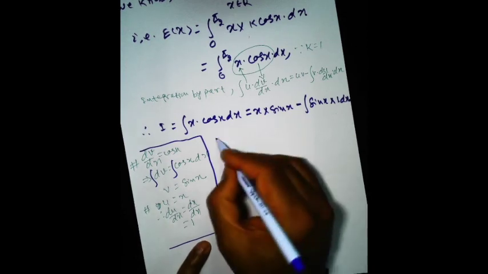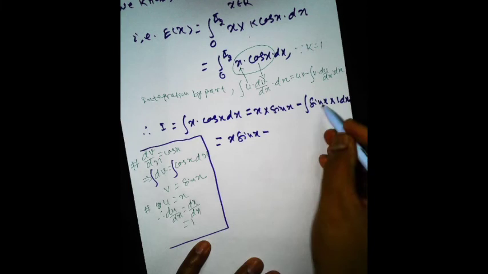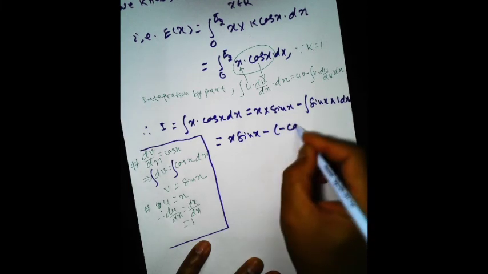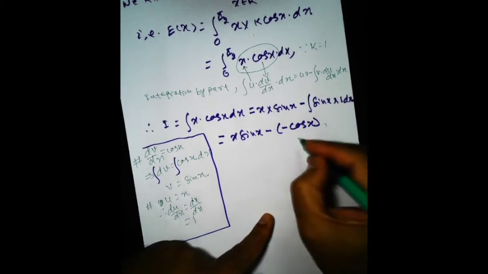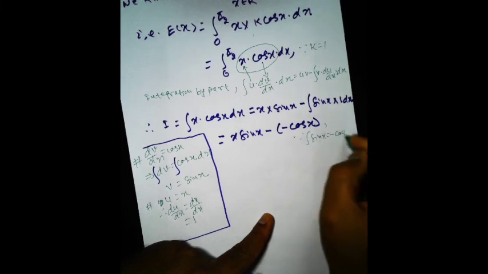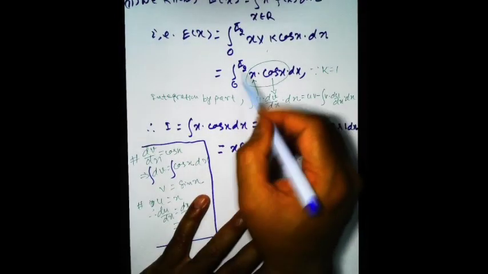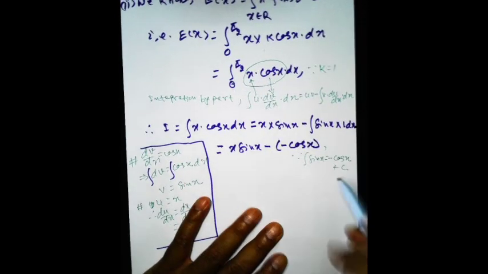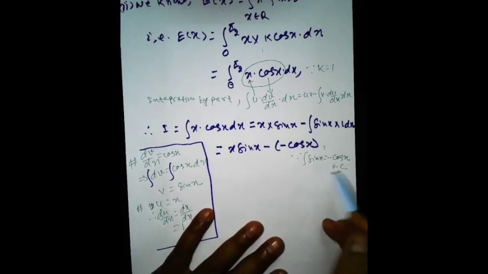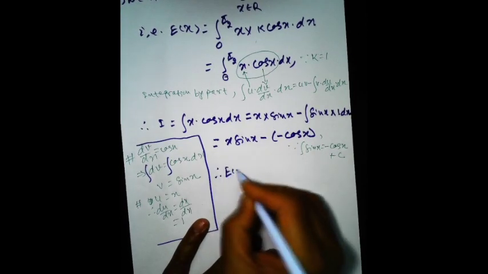And if you continue from here, it is x sin x minus, and the integration of sin x is minus cos x. Since integration of sin x equals minus cos x, there would be a plus constant term, but as we are doing a definite integral, you don't need to write the constant term because there is no use of this constant term.